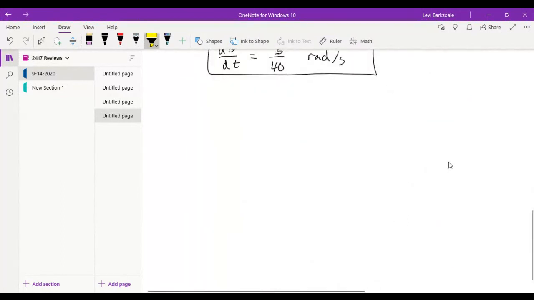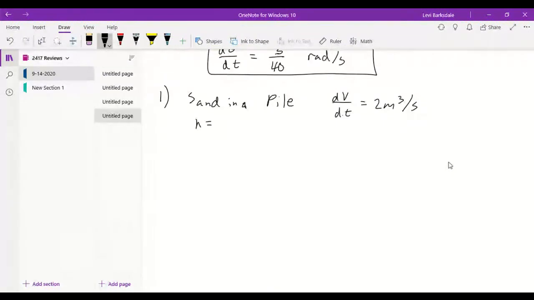So why don't you go ahead and try a sample problem. And that is going to be, you have sand in a pile, and it is being added at a rate of 2 meters cubed per second. And you also know that the height of the pile is equal to the radius.